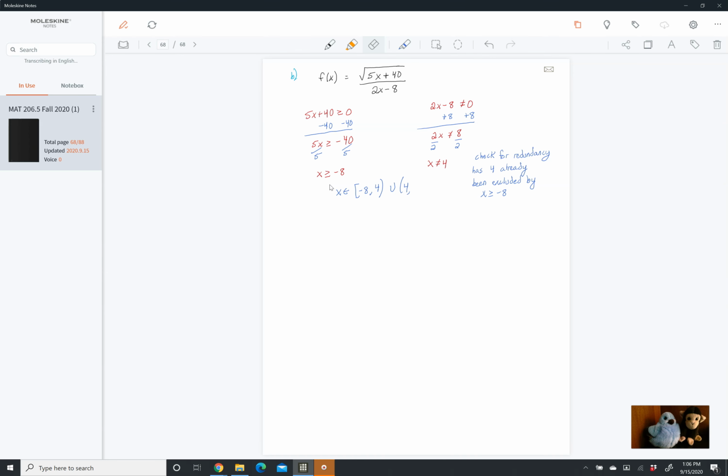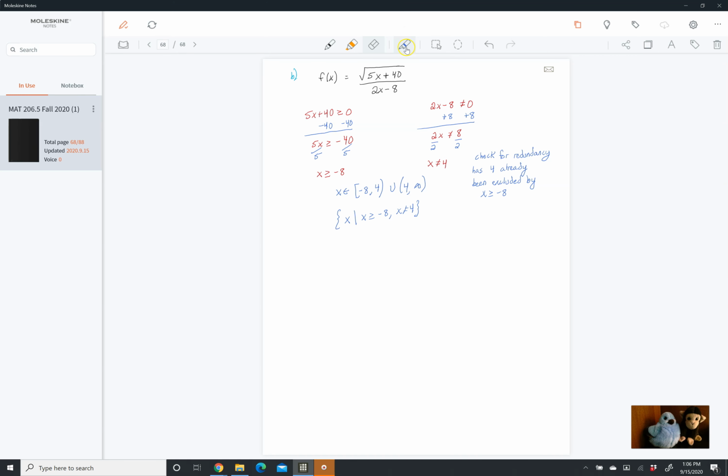This is a jump over, and we go all the way to infinity. So that's how we would write it in interval notation. In set notation, it would just be x such that x is greater than or equal to -8, comma, x not equal to 4. And now you can see why a lot of people prefer set notation.